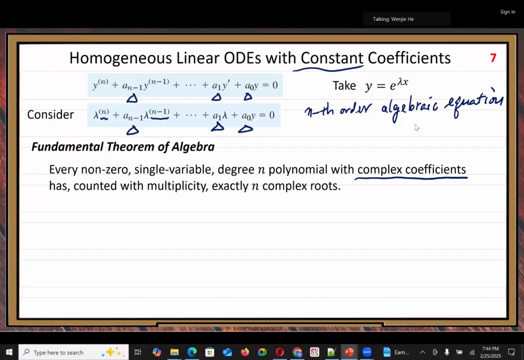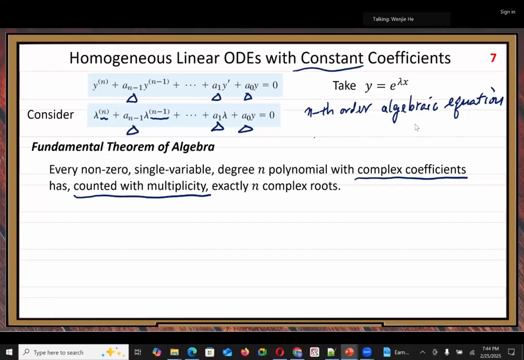You can see this theorem is very general. Even for complex coefficients, it has, counted by multiplicity, exactly n complex roots. I explained multiplicity before.